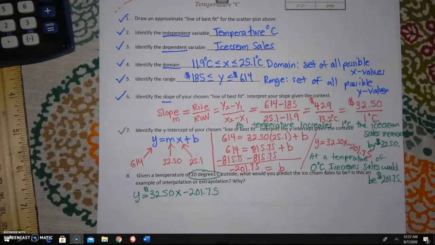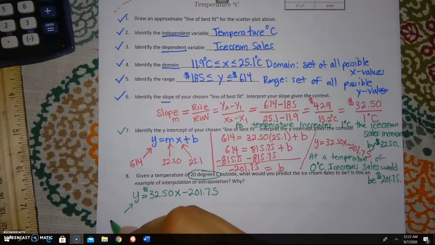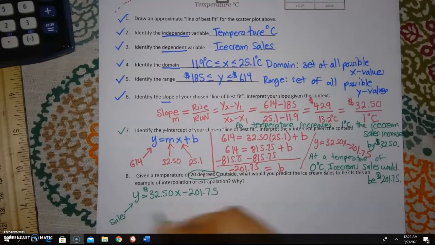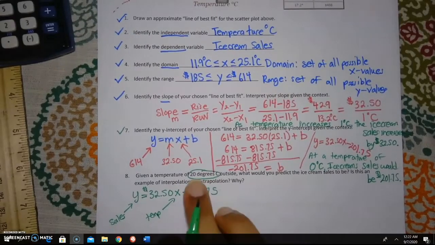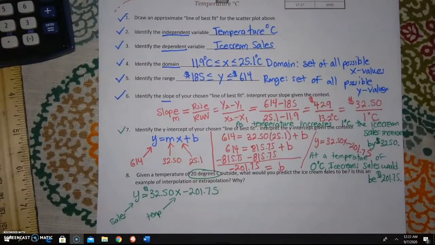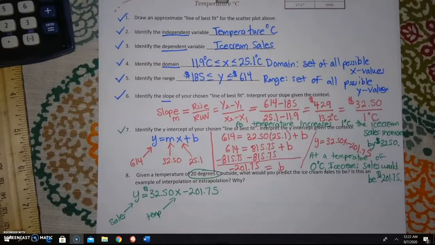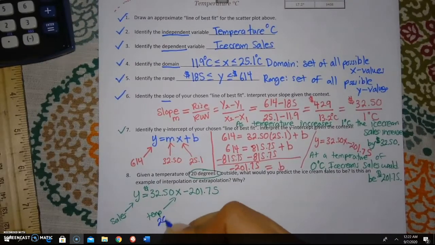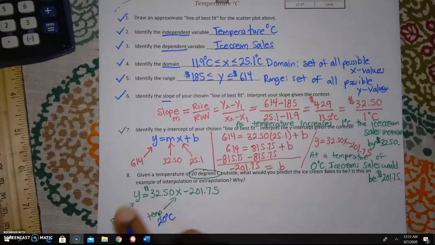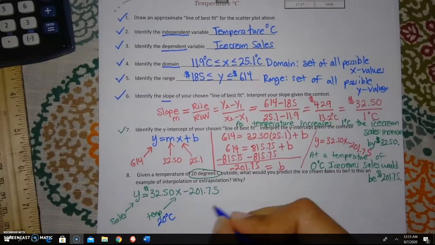We know that y is sales and x is our temperature. Since the temperature is 20 degrees Celsius, we can simply plug that into this equation and calculate the sales, okay?